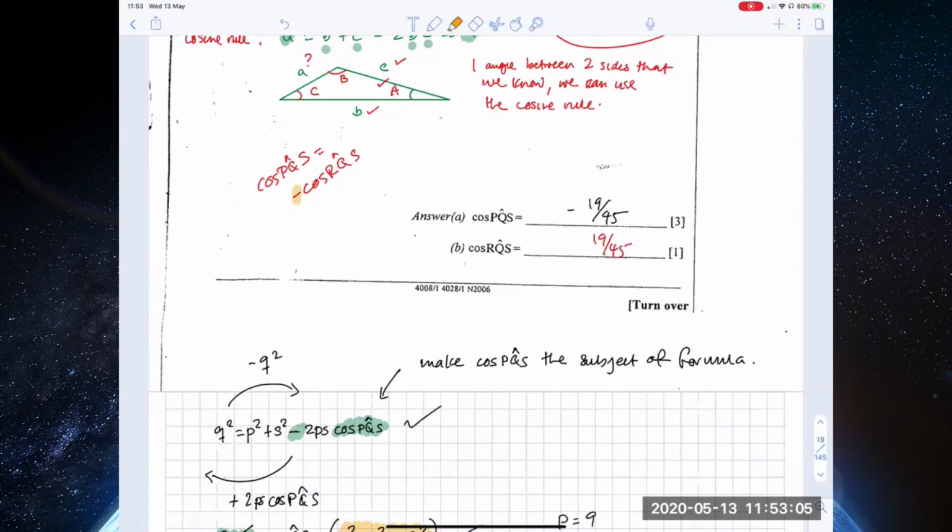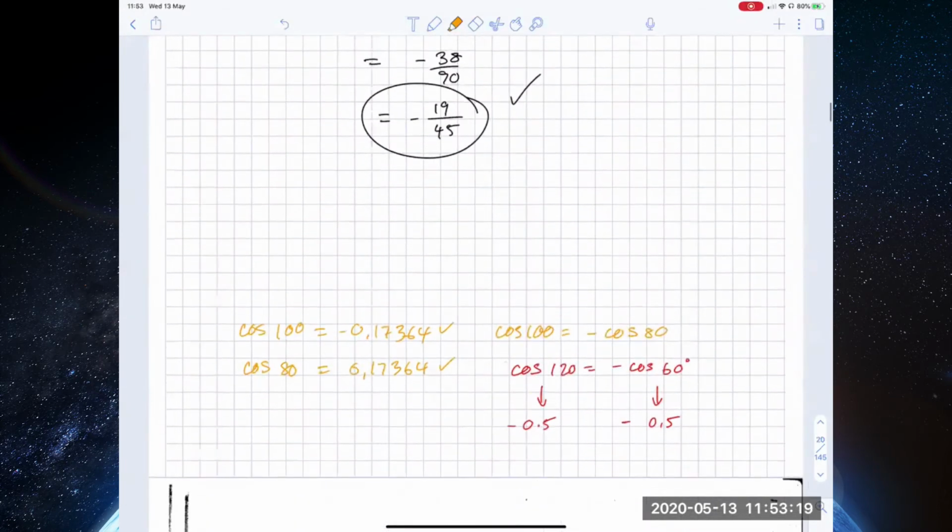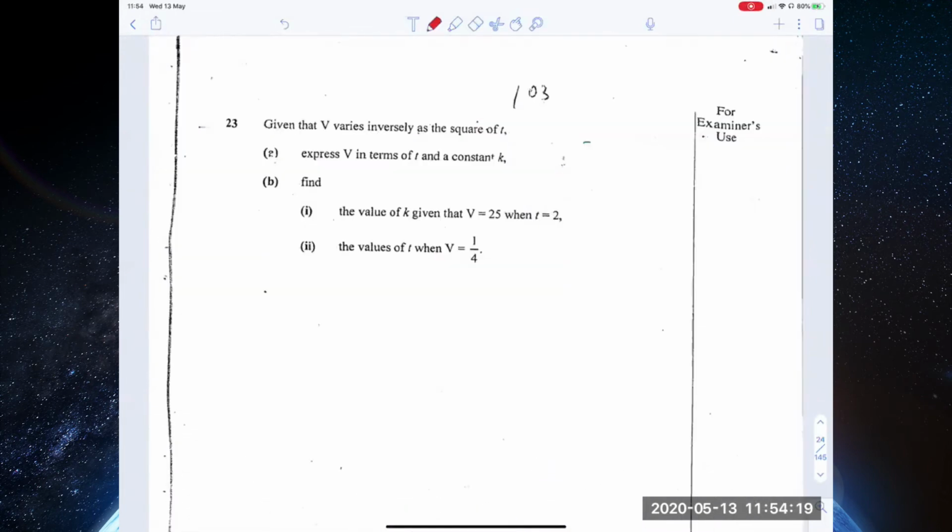Make sense? So if we put a minus sign, it's going to cancel out with that minus, so we get a positive. So the answer is a positive.